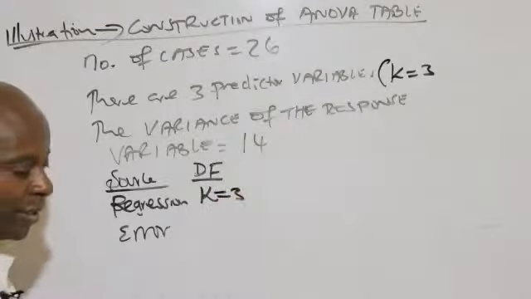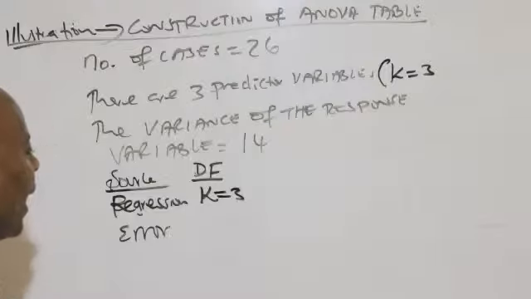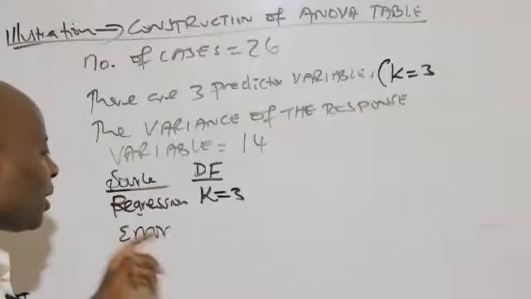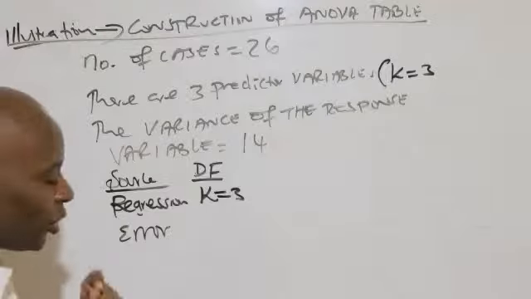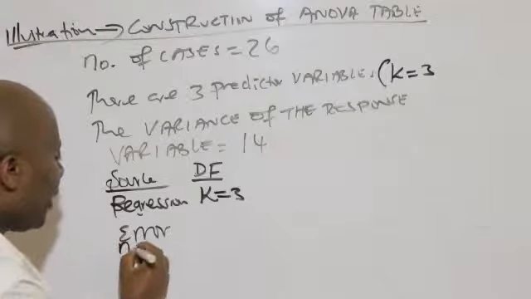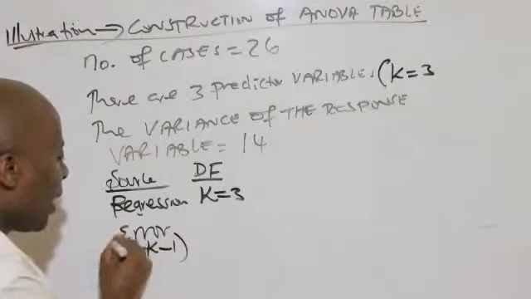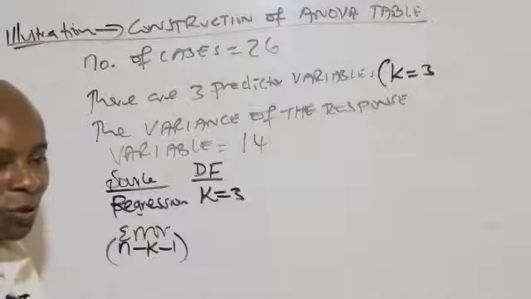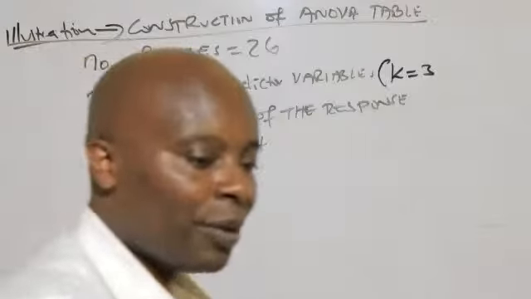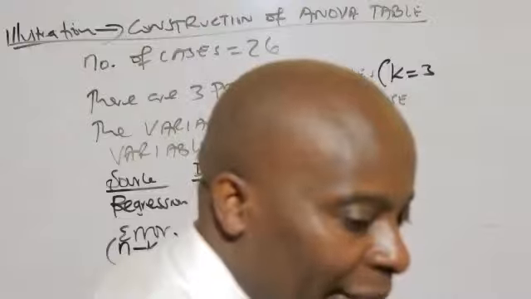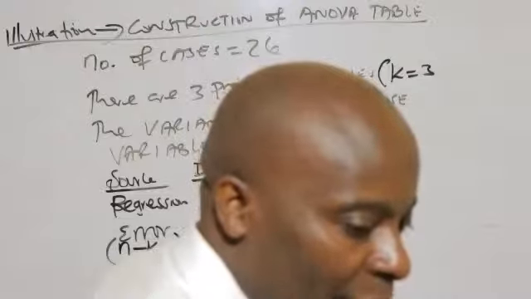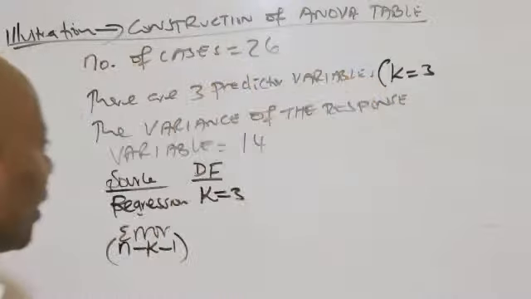How about the error? To get the error degrees of freedom, we normally take n minus k minus 1. What is our n?